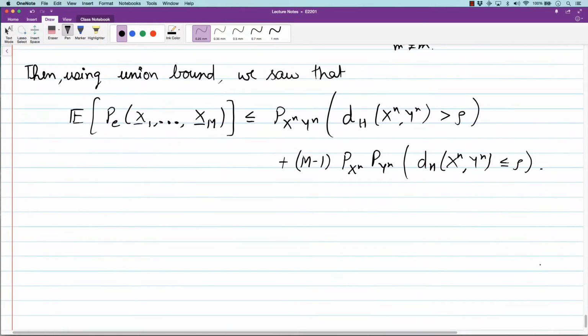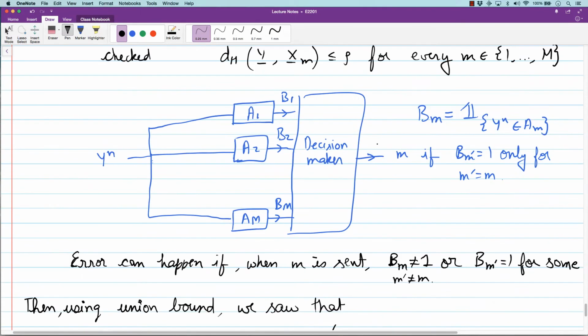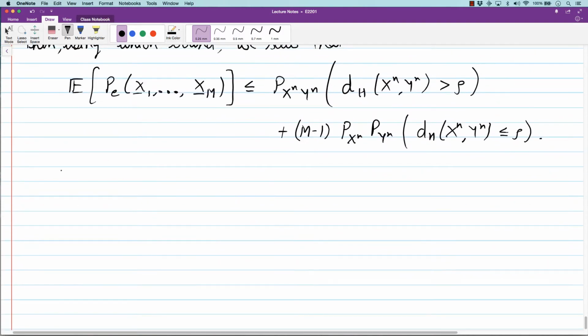Okay. So in fact, we can see that this is a very generic setup. If you are given any set A, here the set A is the set of (x, y) such that the Hamming distance of (x, y) is less than or equal to rho. For any set A, we can define the set Am.